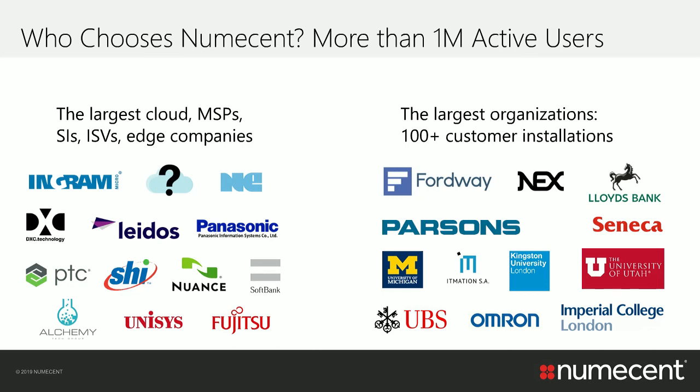It was simple to move them over and get their users up and running. So again, that goes back to taking those complex workloads, simplifying them, and making them a lot easier to manage and maintain.